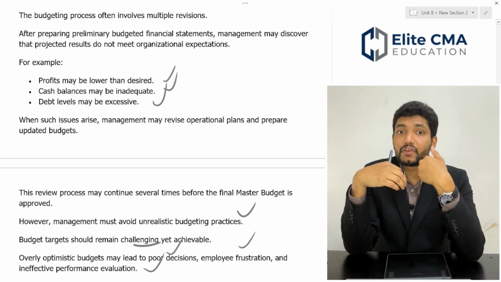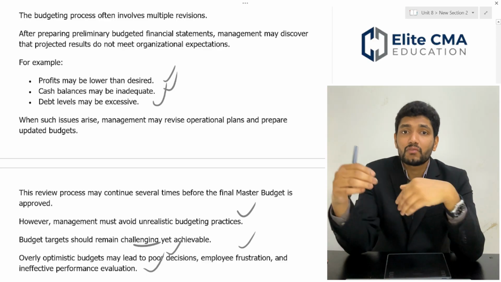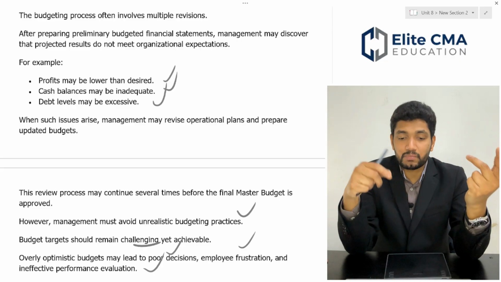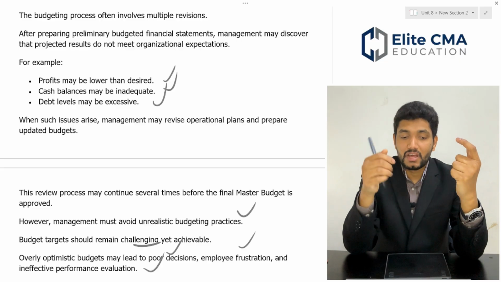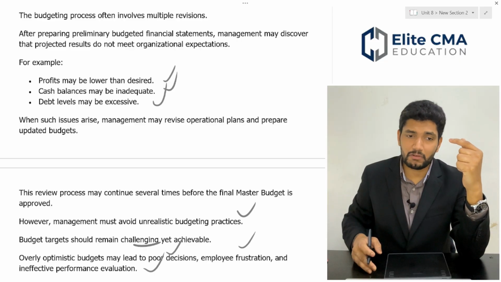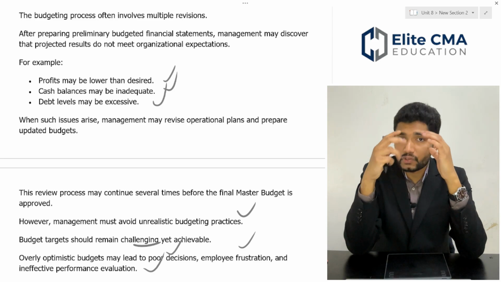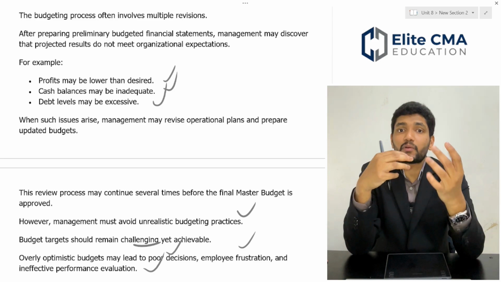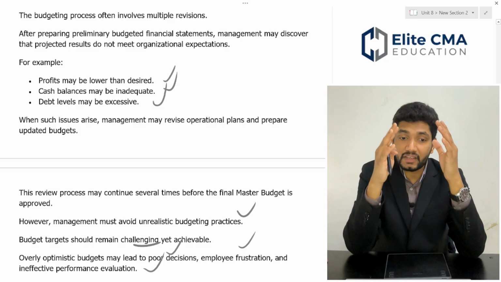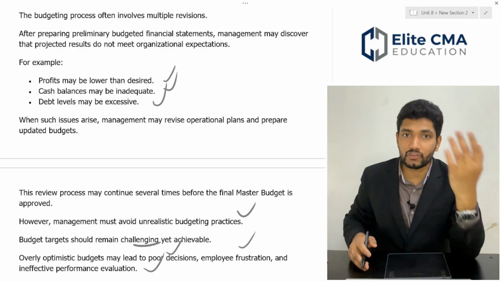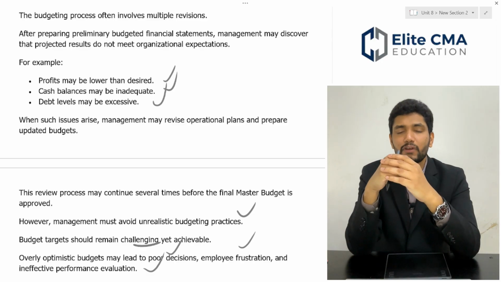If you fix a very optimistic budget, it will lead to poor decision making, poor resource planning, employee frustrations and ineffective performance evaluations. So, to address this, the top level management may suggest some revisions in the operations plans before the budget is finalized.